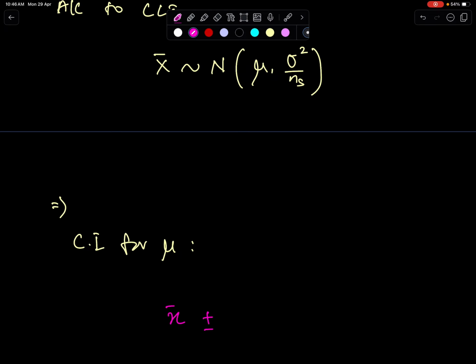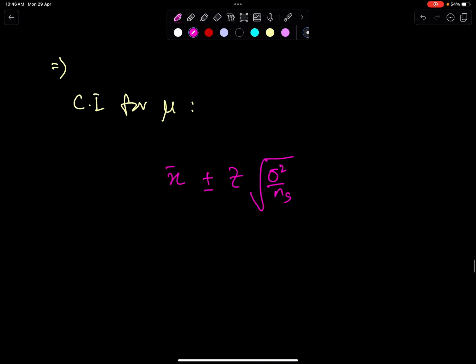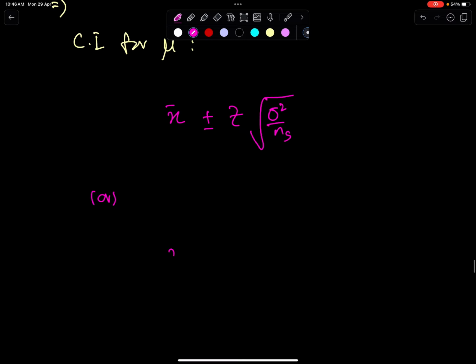X bar plus minus z and square root of this. You can also write this as x bar plus minus z sigma over under root n.